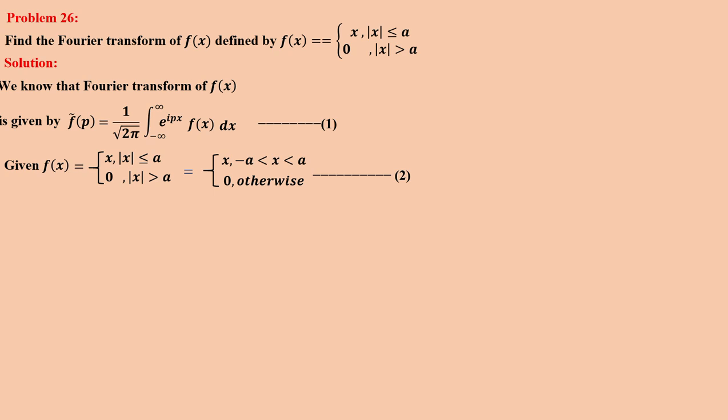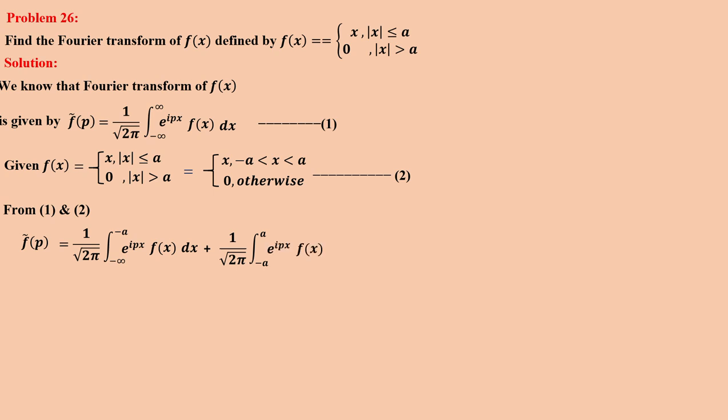So we are splitting 1 into 3: 1 by root 2 pi integral minus infinity to minus a e power i p x f(x) dx, plus 1 by root 2 pi integral minus a to plus a e power i p x f(x) dx, plus 1 by root 2 pi integral a to infinity e power i p x f(x) dx. That is 3. Now we are going to use 2 in 3.